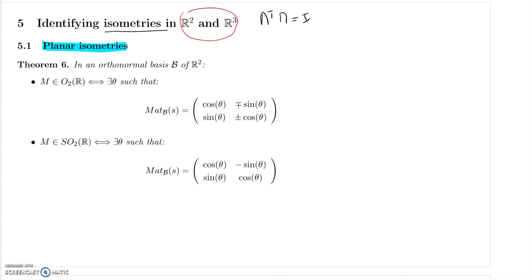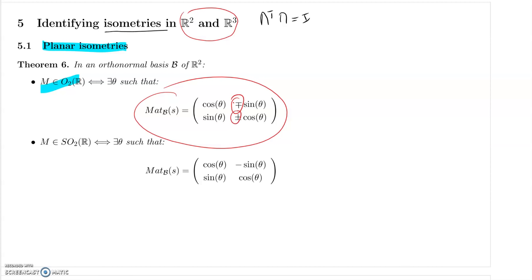Planar isometries. We're going to get some very exact matrices for those. We will show that we've got an isometry if we can find some angle theta such that the matrix is expressed this way. Furthermore, you see you have those choices of signs.